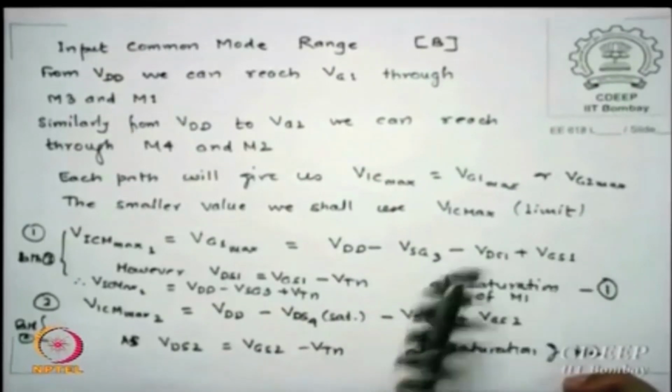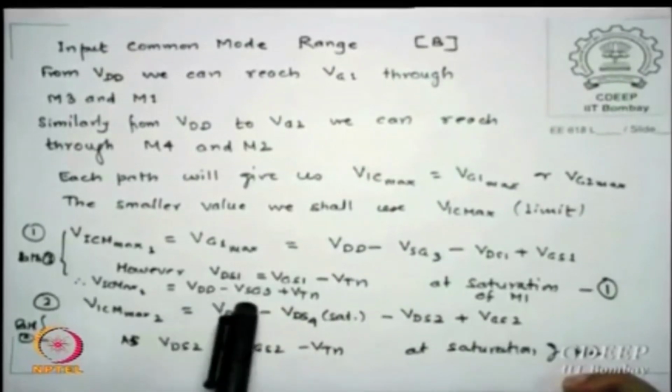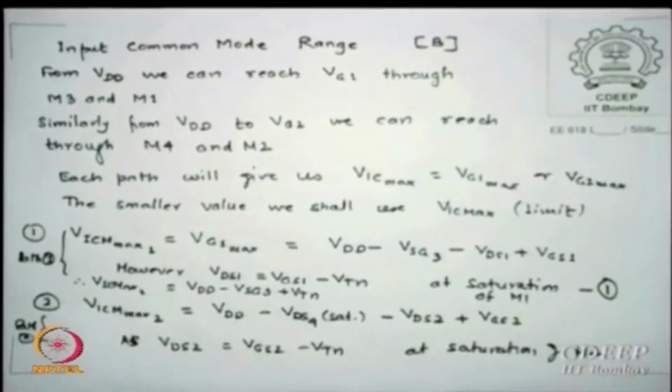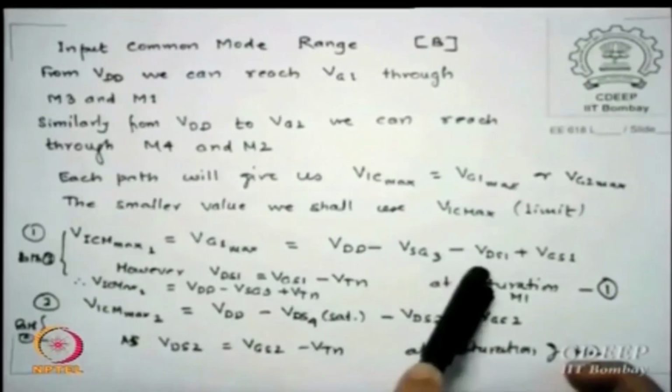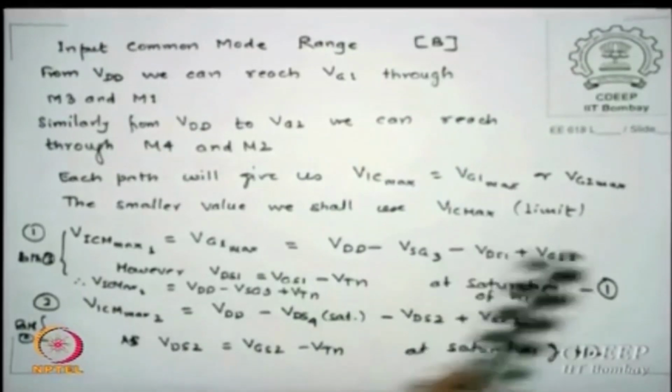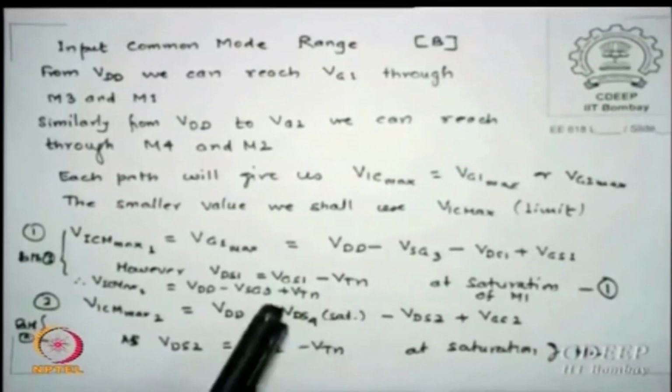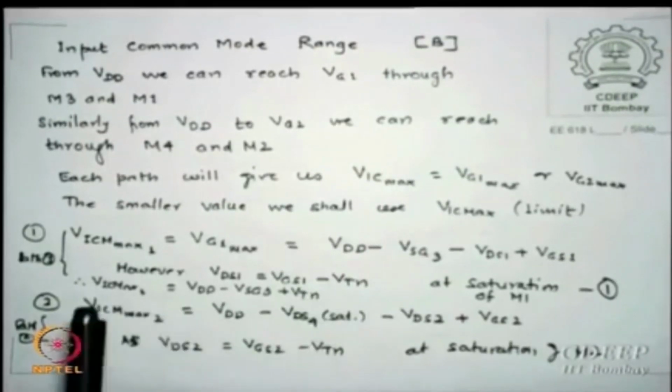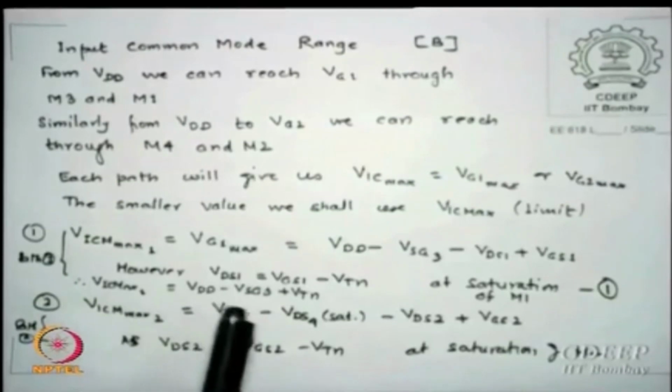So I get VDD minus VSG3 plus VTN is the value which I am going to get. Is that clear to you? What did I say? I substituted VDS1 in terms of VGS1 minus VT, okay, and then that VGS1 cancelled and VT became positive. So VICM maximum 1 is VDD minus VSG3 plus VTN.